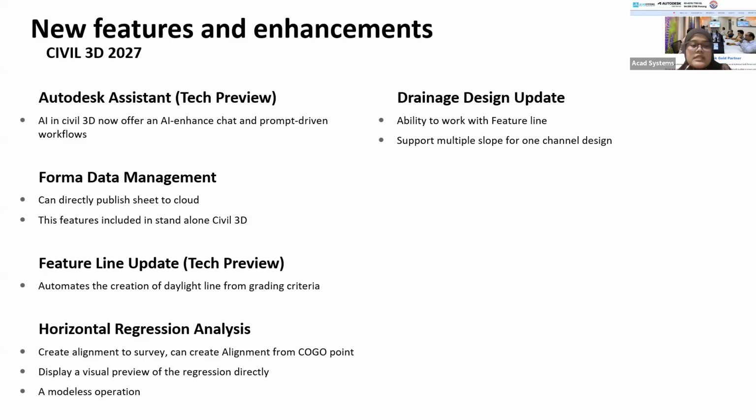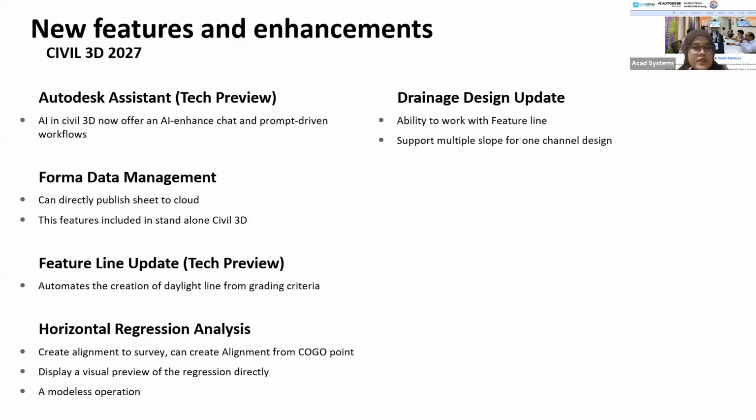And number 3 is the feature line update, where you can create a line from the feature line. The fourth one is the horizontal regression analysis, where you can create an alignment from a focal point and have a visual display preview of the regressions directly.